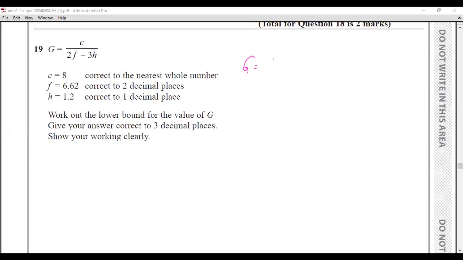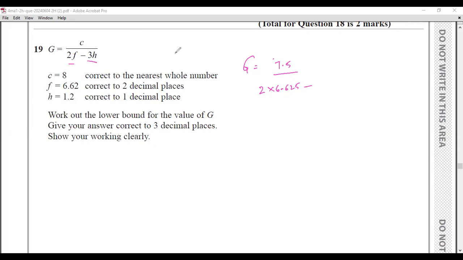So we will divide lower bound by upper bound. So lower bound of C was 7.5 divided by upper bound. So 2 times upper bound of F was 6.625 minus, we should take minimum value away from here.